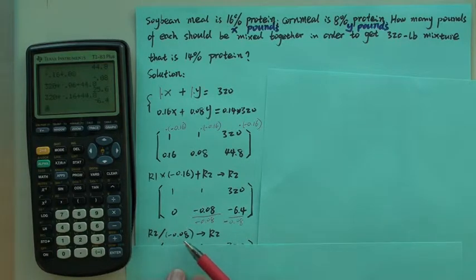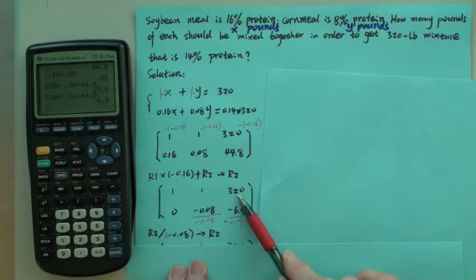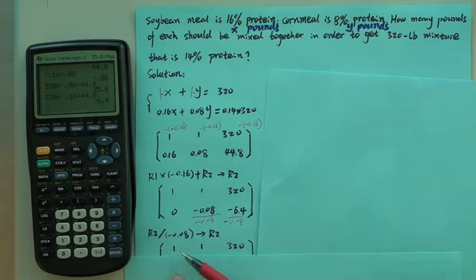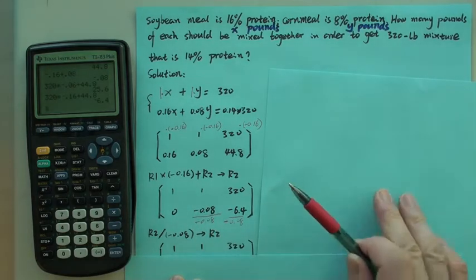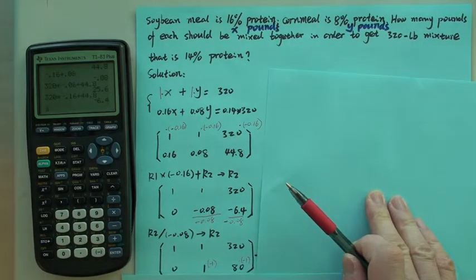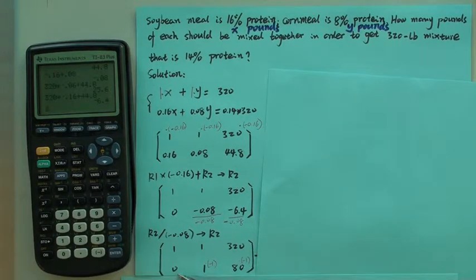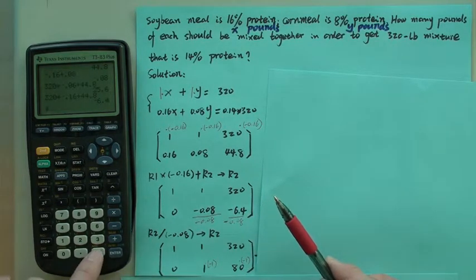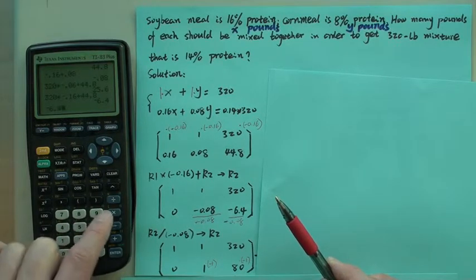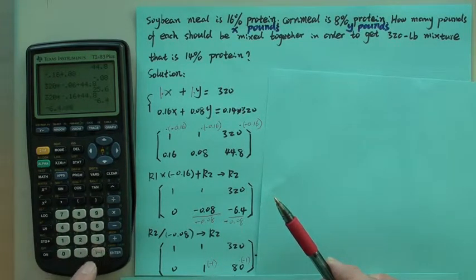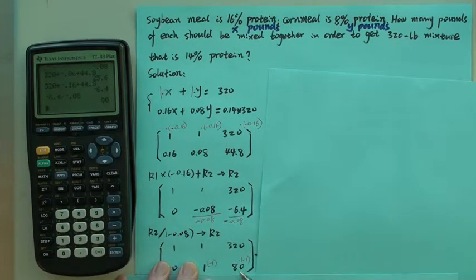Row 2 divided by it gives the new row 2, and row 1 is not changed. Here is 1, and negative 6.4 divided by negative 0.08, what do we get? 80. This is how we got 80.